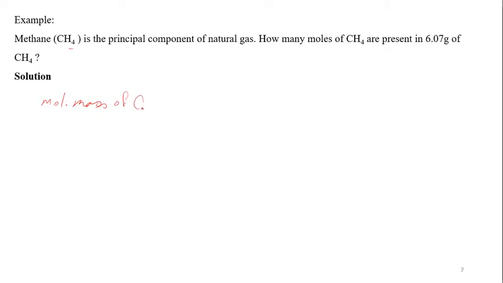The molecular mass of methane would be equal to the number of atoms of carbon, which is 1, multiplied by the atomic mass of carbon, which is equal to 12, plus the number of atoms of hydrogen, which is 4, multiplied by the atomic mass of hydrogen, which is equal to 1.